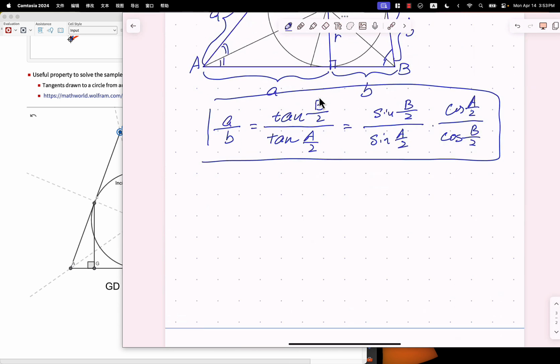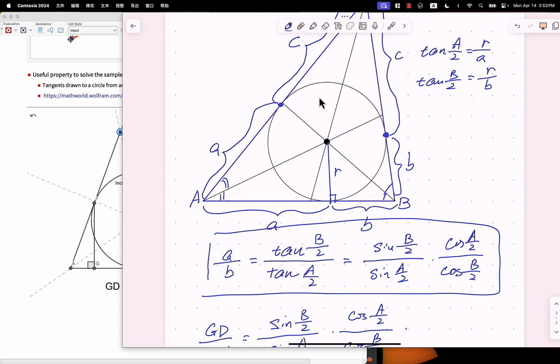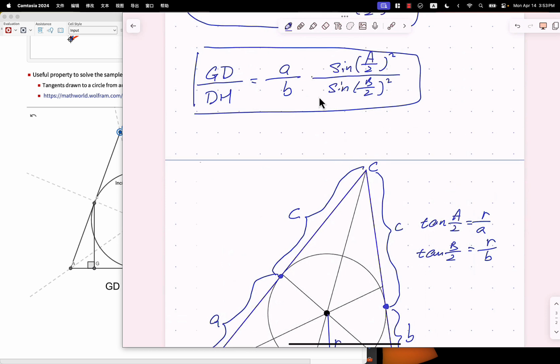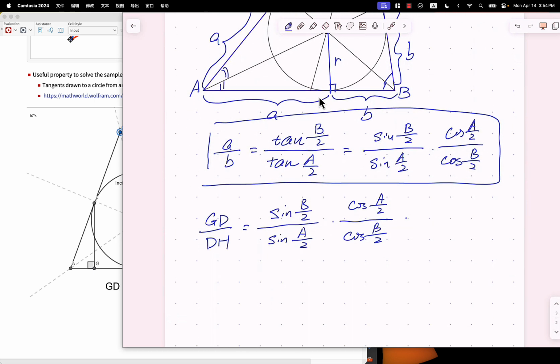So we have GD over DH equal to that, times the ratio sine half A over sine half B, squared.